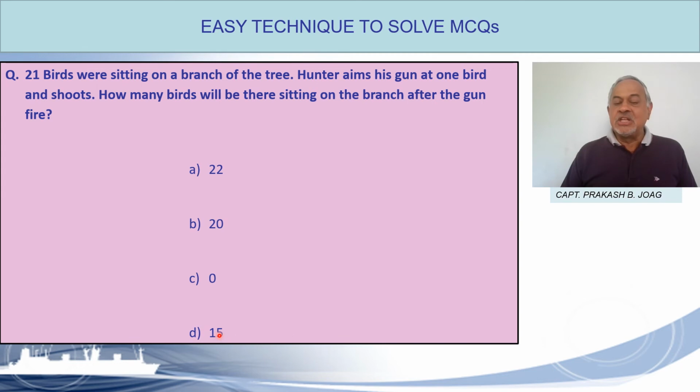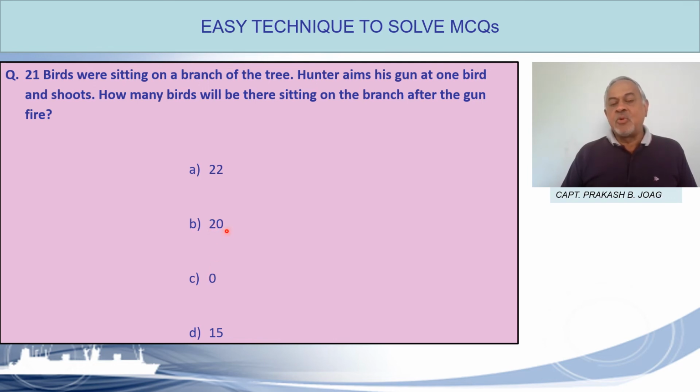And D option is 15. How come 5 or 6 birds are gone and 15 birds remain on the branch? So this is also doubtful. So this also is ruled out. A is ruled out. So now the correct answer lies between B and C.